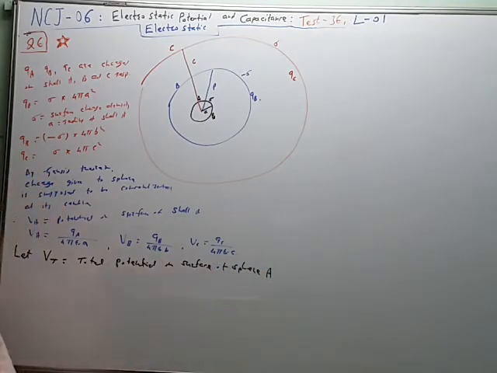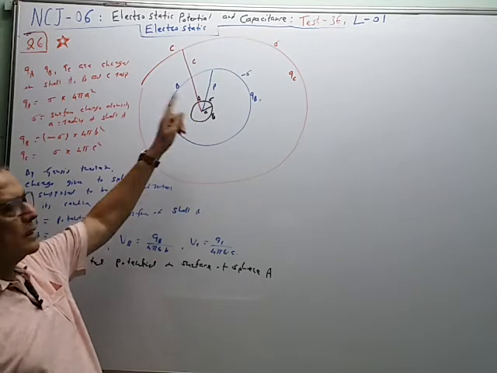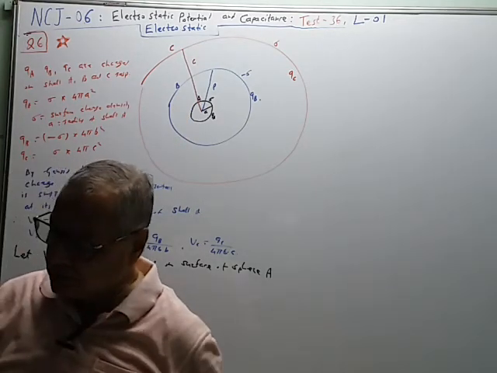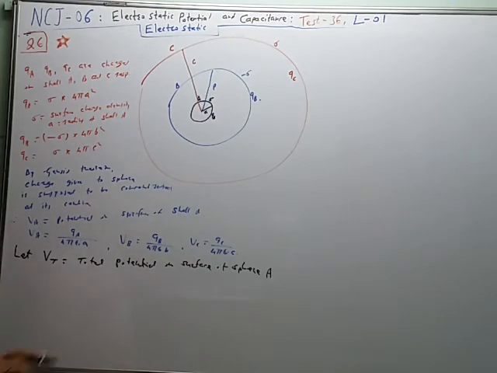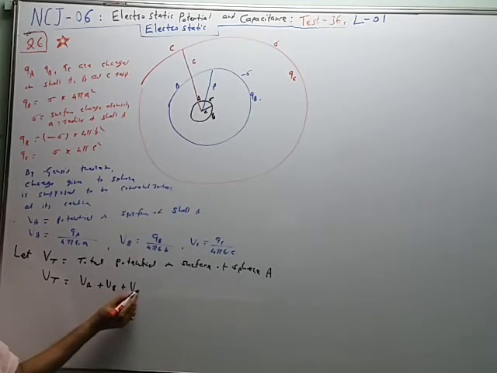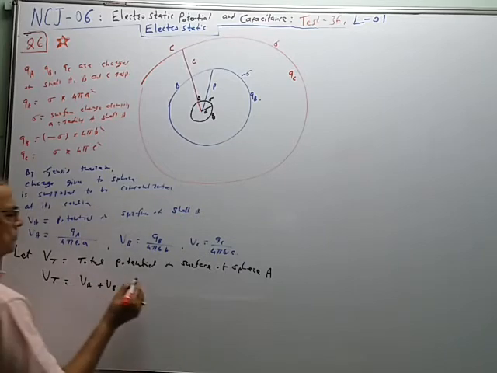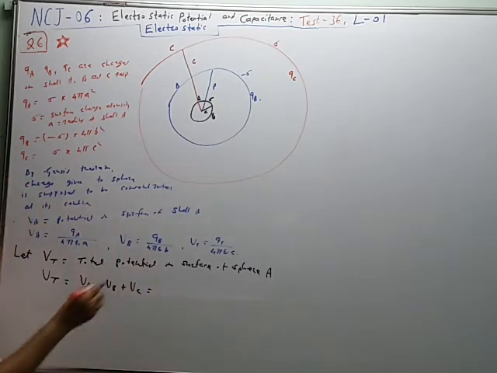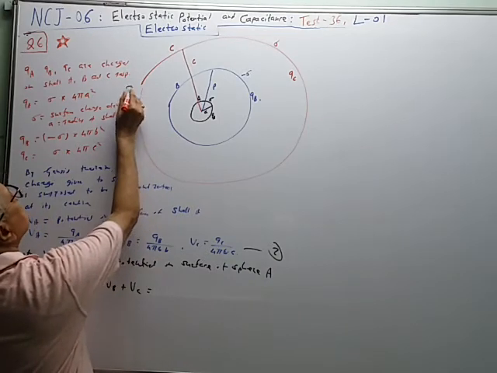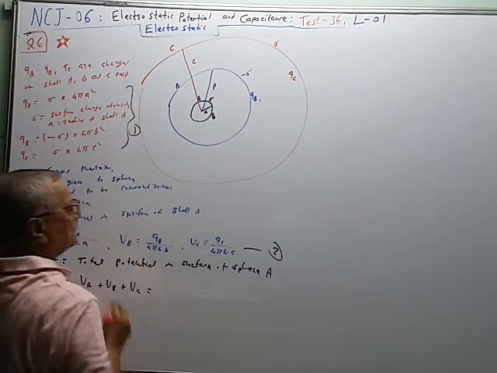We have to find the potential here. Vt is equal to question mark. So Vt is equal to potential due to the A sphere plus potential due to the B sphere plus potential due to the charges on C sphere. Say this is equation 2 and these are equations 1.